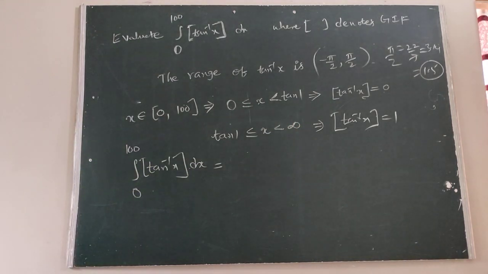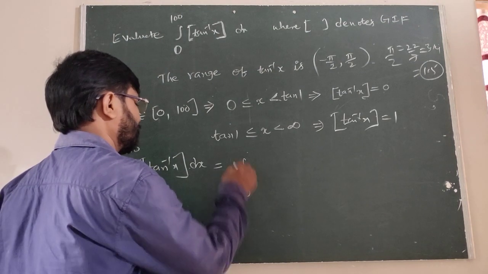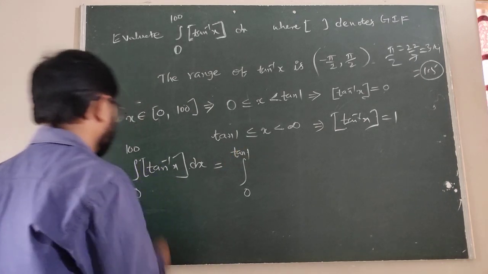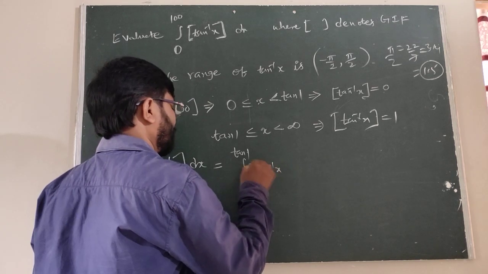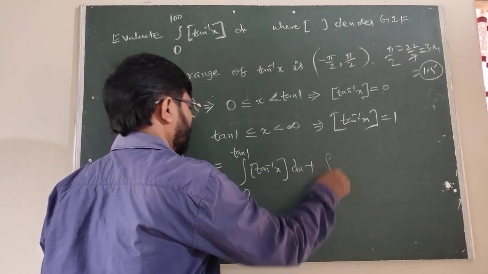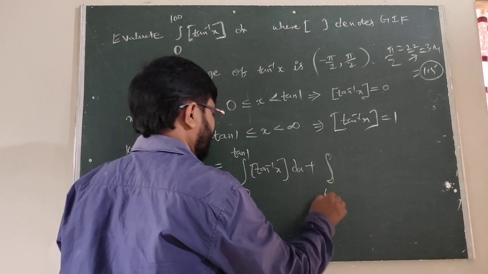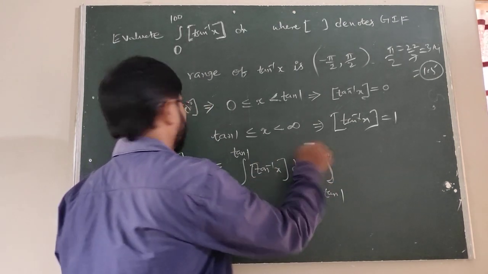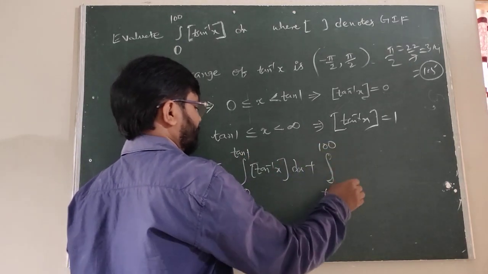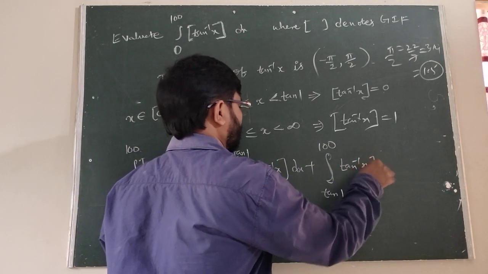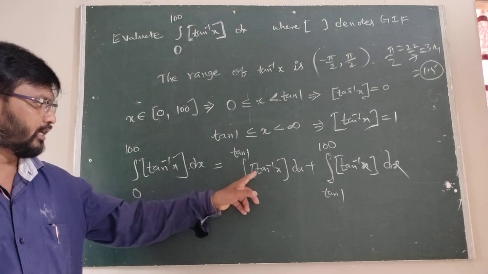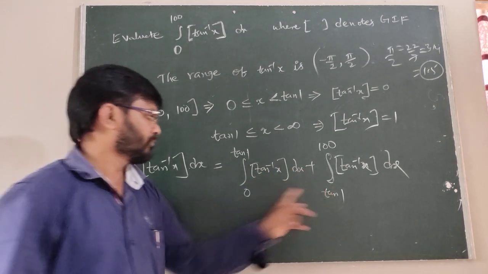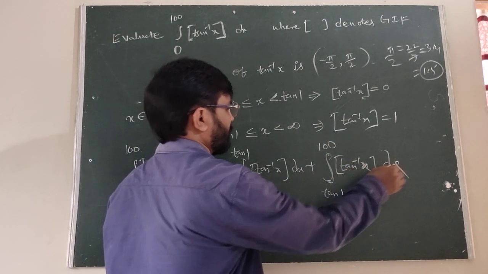Therefore now we can write it as 0 to tan 1 first, step of tan inverse of x dx. After that, tan 1 to 100, not infinity, step of tan inverse of x dx. So the integral from 0 to tan 1, plus the integral from tan 1 to 100.